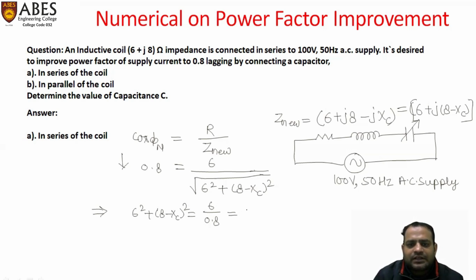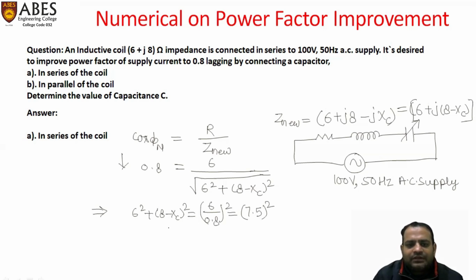By removing the square root, it should be the square of this, which is 7.5 whole square.